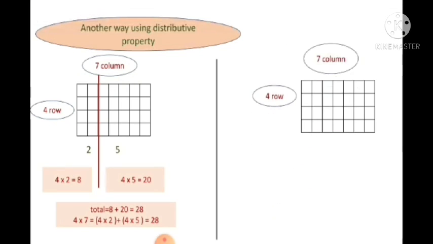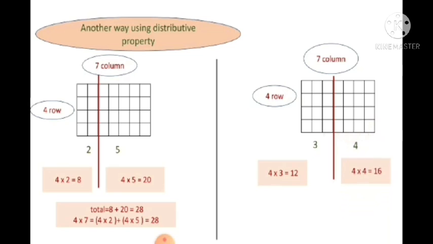The second way, we will distribute 7 columns into 3 columns and 4 columns by counting 3 columns and drawing a line. Then we have two shapes. First, 4 rows and 3 columns. Second, 4 rows and 4 columns. Area of the first shape equals 4 rows times 3 columns equals 12.